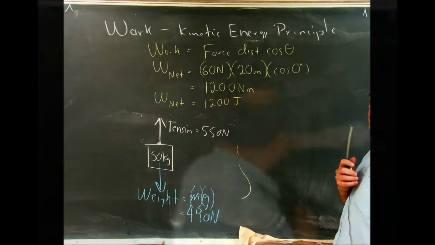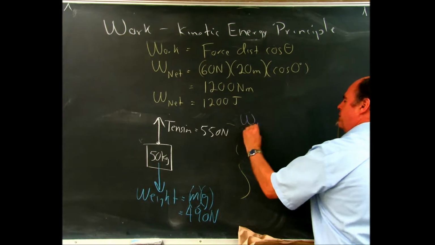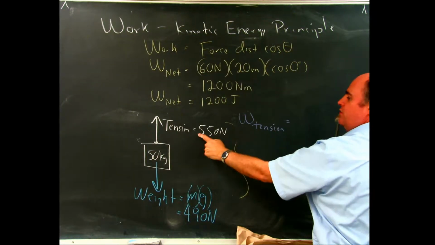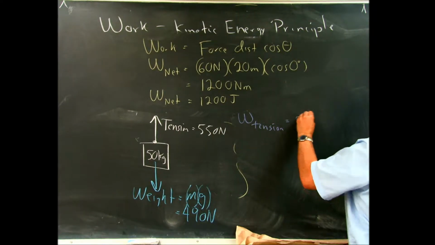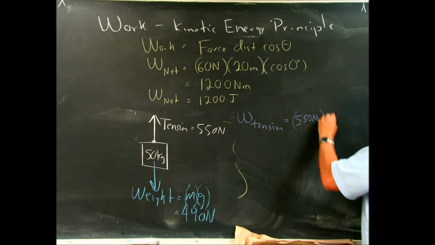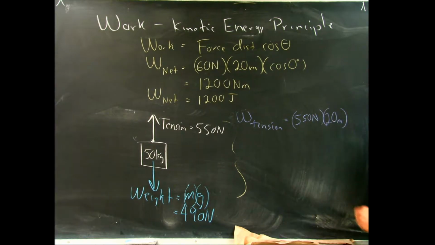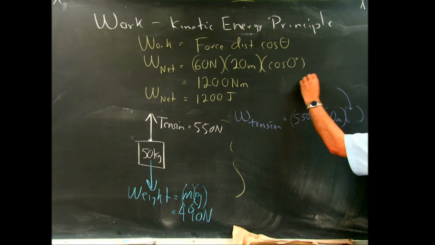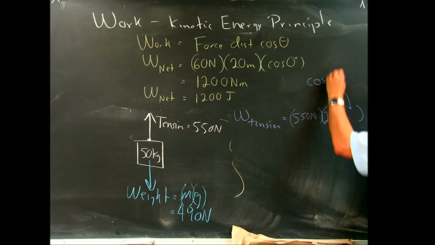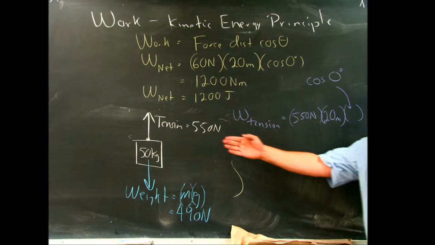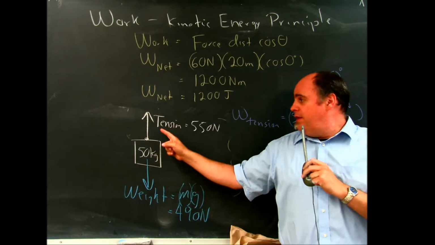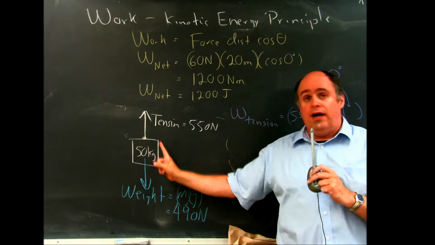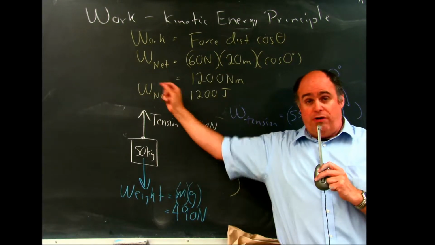So for instance, the work being done by the tension would equal the force of the tension, which is 550. The distance is 20 meters. And we'll multiply that by the cosine of 0 degrees in this case, because the box is moving upward and the tension is pulling upward, so the angle between an upward arrow and a second upward arrow is 0.